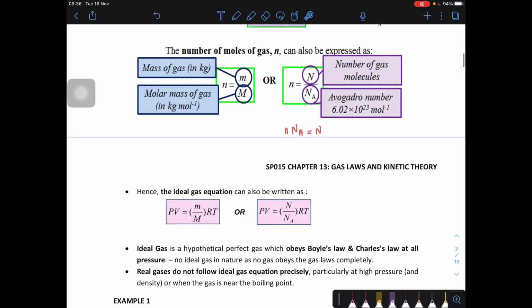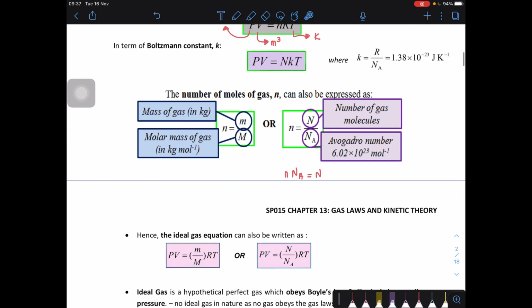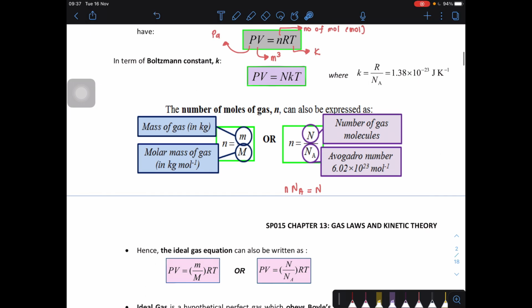We can also substitute the value for n into this equation, so we will get PV equals m divided by M times RT, or substitute this value where n will be equal to N divided by NA, the number of molecules divided by the Avogadro constant. So you know how to substitute based on the information that we are given. Okay, we will see later in the example video.